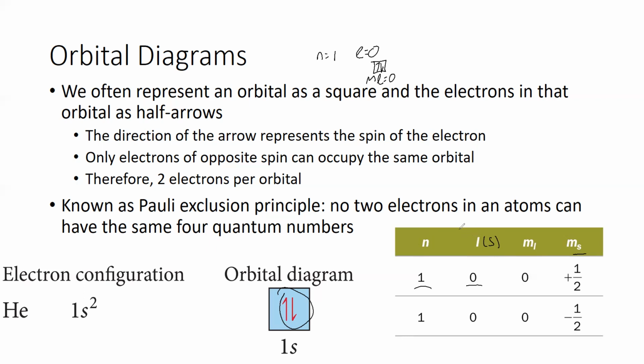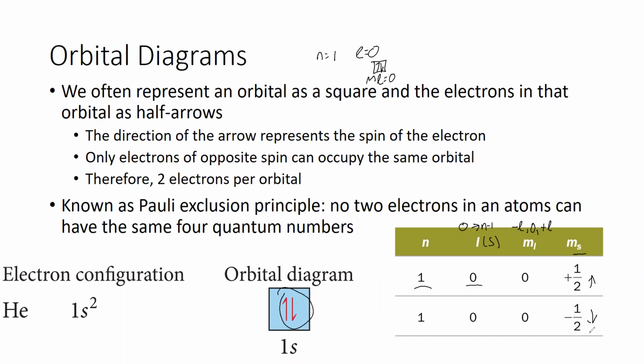L can go from 0 to n minus 1. m sub L is minus L to plus L, including 0. Then m sub S is how we distinguish between 2 electrons that have the first 3 quantum numbers the same. For m sub S, you're either plus 1/2 or minus 1/2, spin up or spin down. That is our last quantum number.